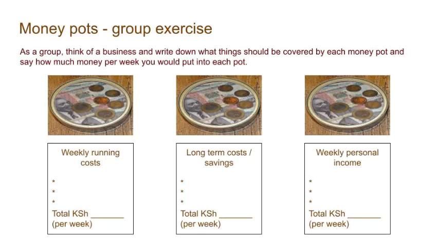So for example, how much per week would it cost to run the business? And that would go into the weekly running costs pot. How much money each week would you put into savings and for long-term investment like building the business? And how much money per week would you be able to take out of the business as a personal income?